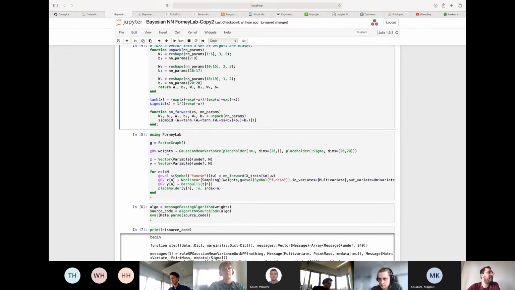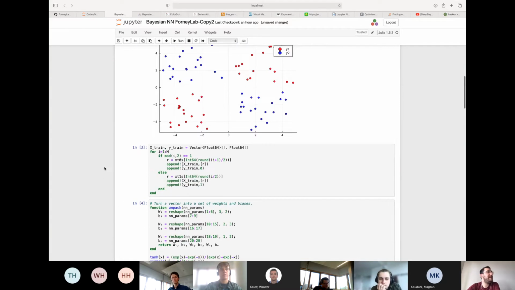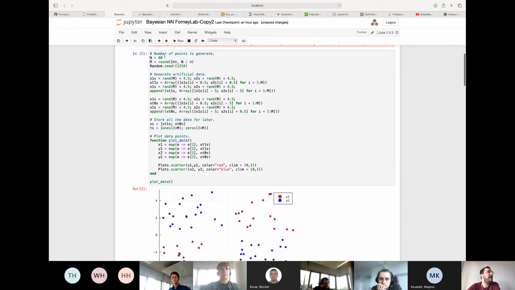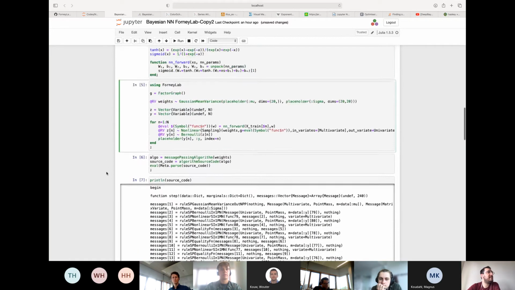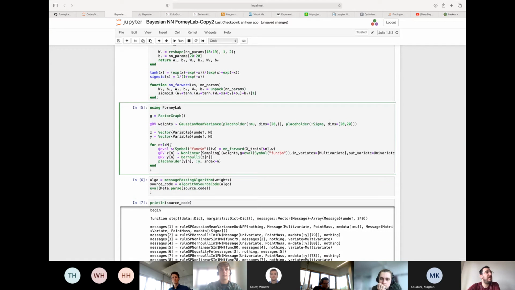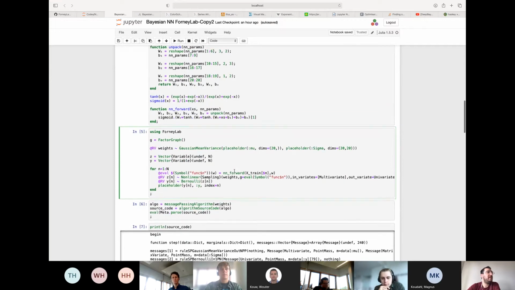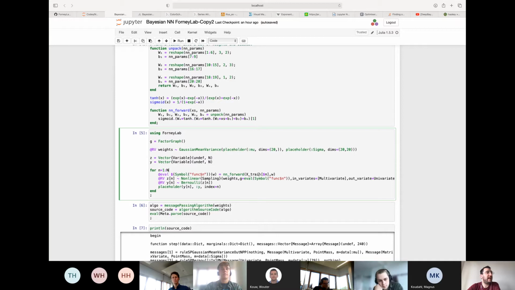Okay. So as I told you, we define a prior over the weights here with placeholders for mean and covariance matrix, and we have n observations. n is basically 80 here. So we have 80 data instances, and for each data instance, we instantiate a neural network here with the given features for this data instance.